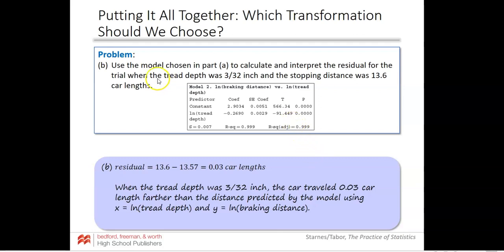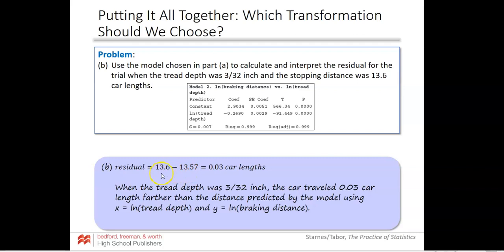Okay, part B, use the model chosen in part A to calculate and interpret the residual for the trial when the tread depth was 3/32 of an inch and the stopping distance was 13.6. So we took the natural log of both of them. So here we're finding the residual. The residual is the actual minus the predicted, right?